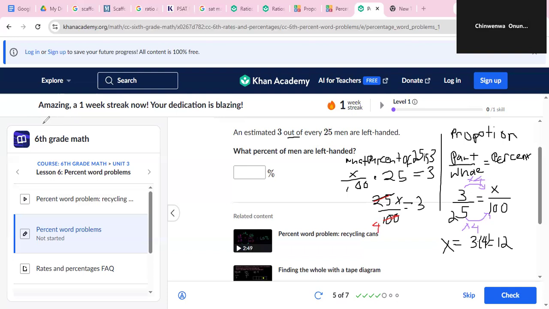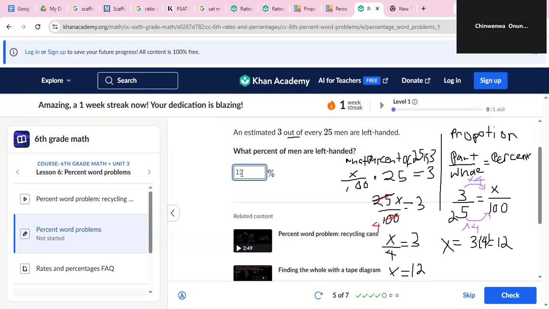So I'll just have to multiply both sides by 4. X over 4 equals 3. Multiply by 4 on both sides, I get x equals 12. What divided by 4 is 3? 12. So these are two different ways you can solve a percent problem.